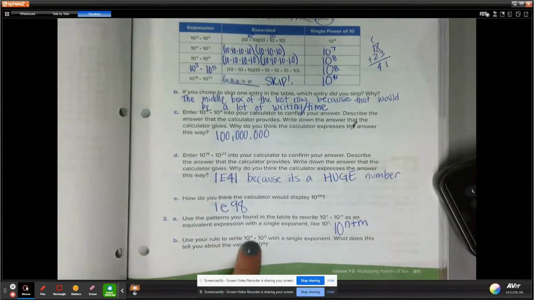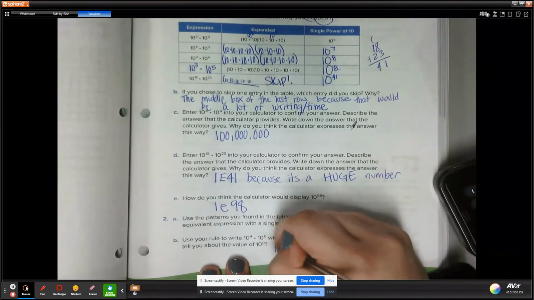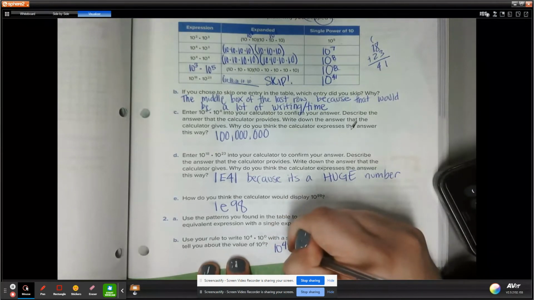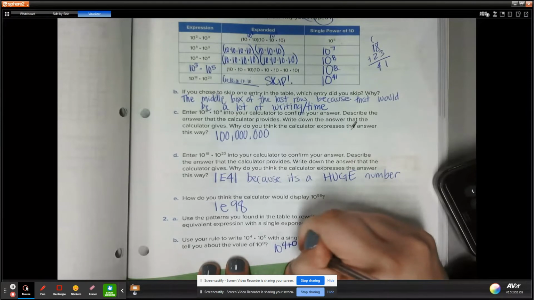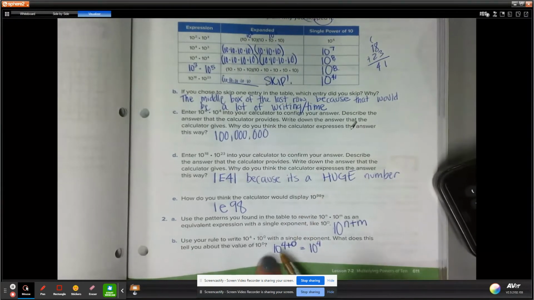Okay, use your rule to write 10 to the 4th times 10 to the 0 with a single exponent. What does this tell you about the value of 10 to the 0? So 10 to the 4th plus 0 equals 10 to the 4th. I noticed that I started with 10 to the 4th and I ended with 10 to the 4th.